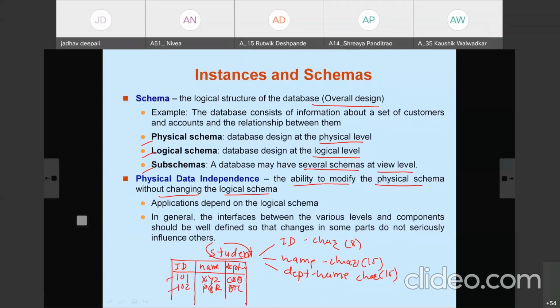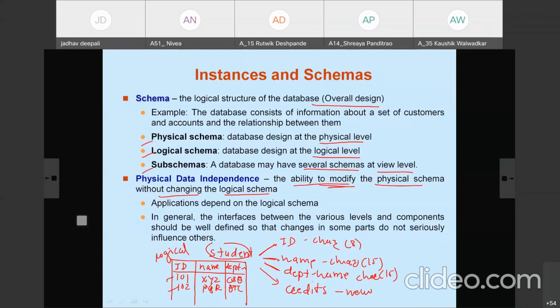Now, if we want to modify this physical schema, suppose I want to add a new attribute, credits. The ability to modify this physical schema without changing the logical schema is known as data independence, and it is possible with the help of the alter command in SQL, which we will learn in SQL.